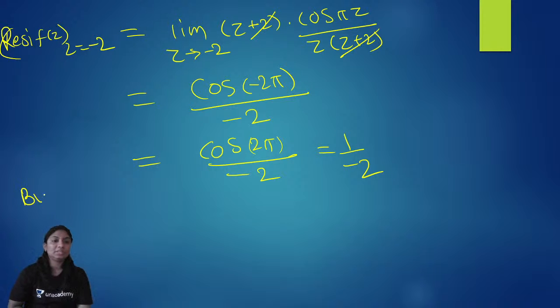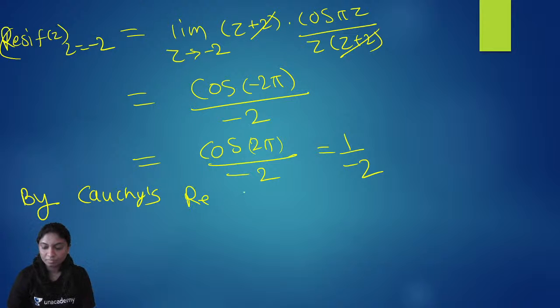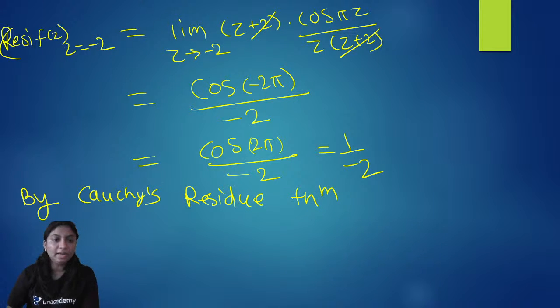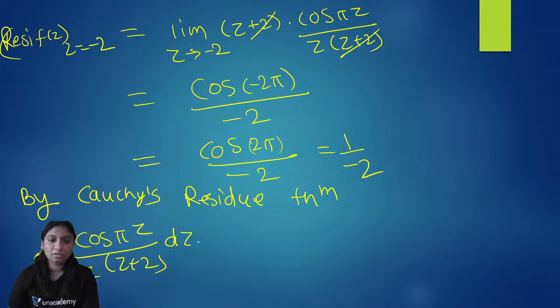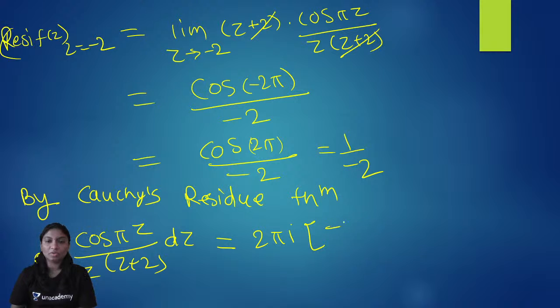By Cauchy's residue theorem, the integral over C of cos πz upon z into z plus 2 dz is equal to 2πi into the sum of the residues.